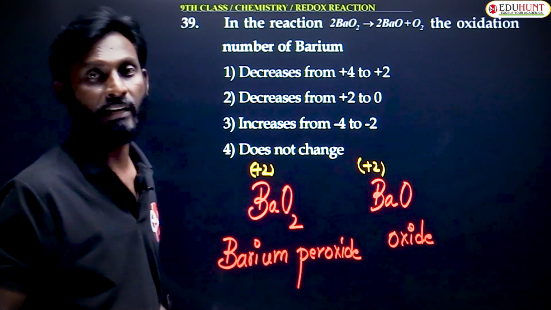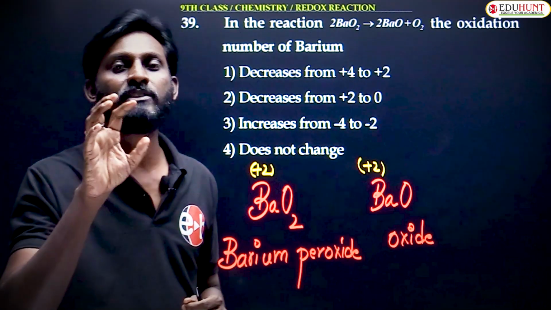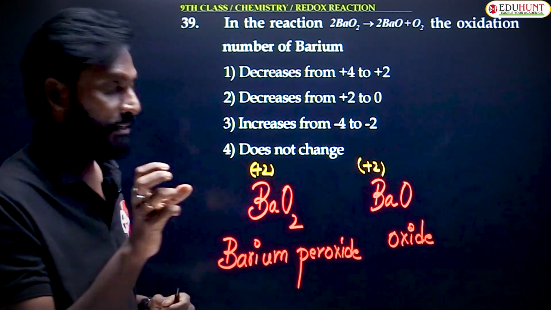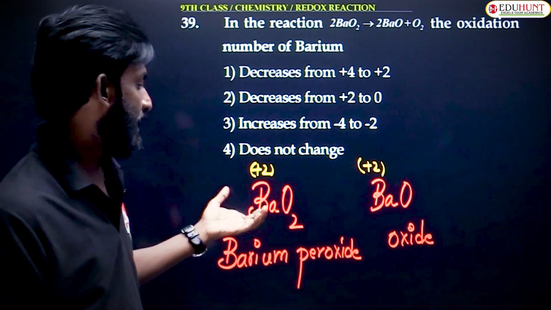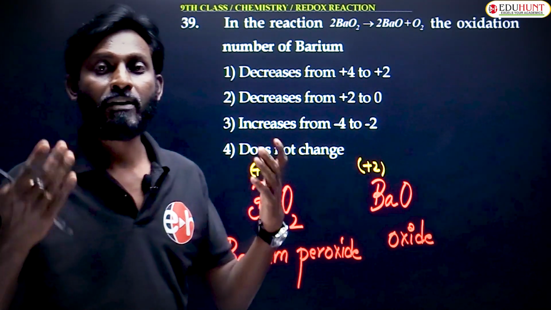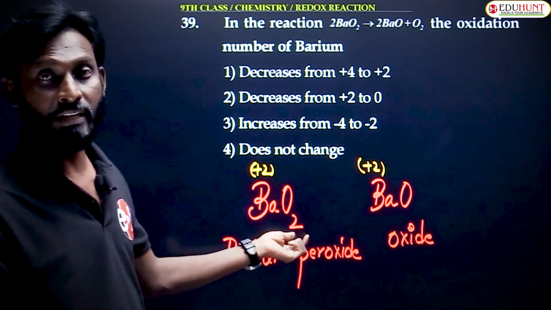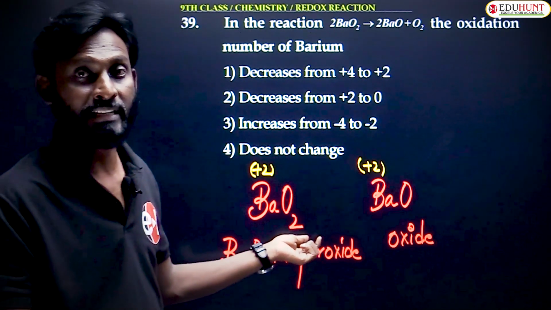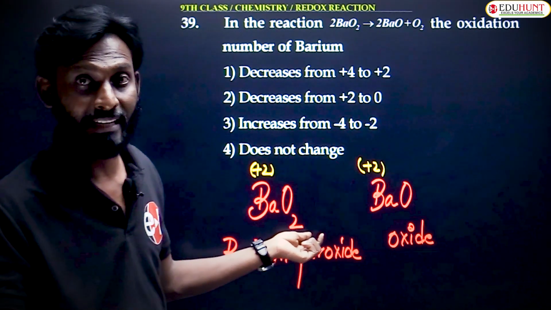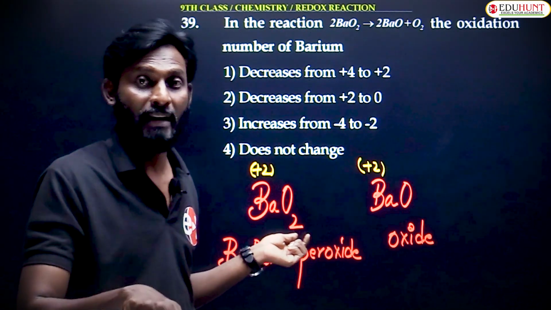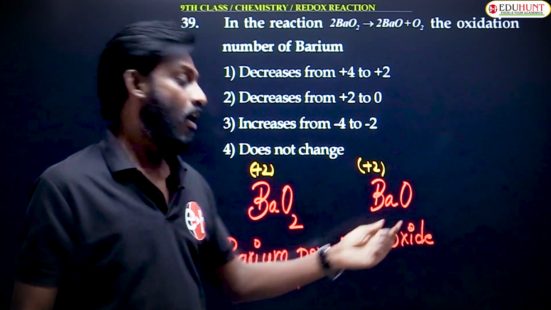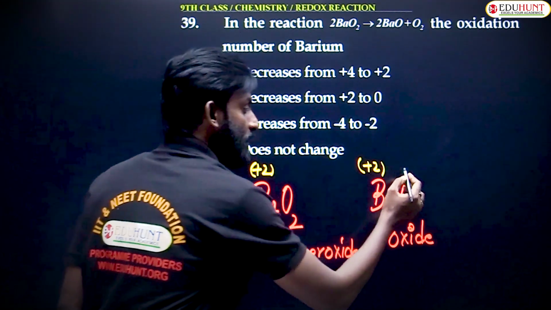Then why is this question framed? When we look at this barium peroxide, our mind focuses more on the peroxide ion. Here oxygen oxidation state is -1 in peroxide, and in oxide, oxygen oxidation state is -2.